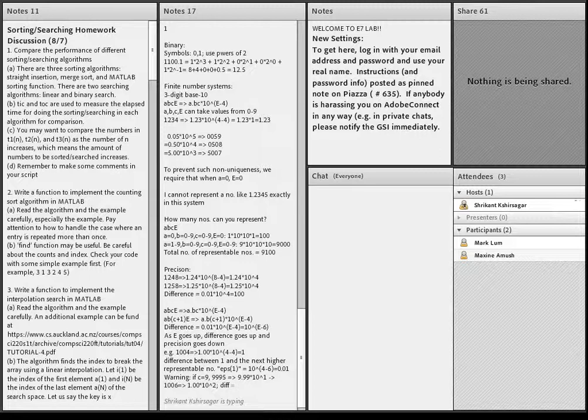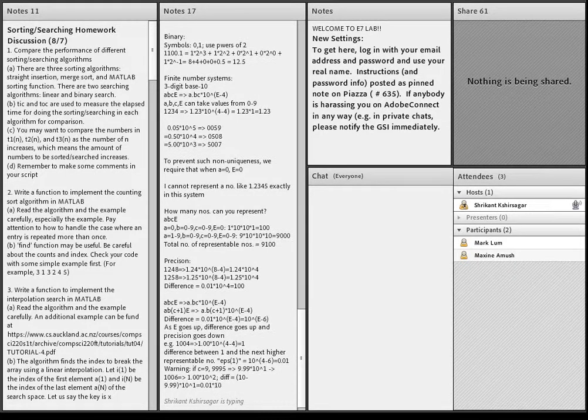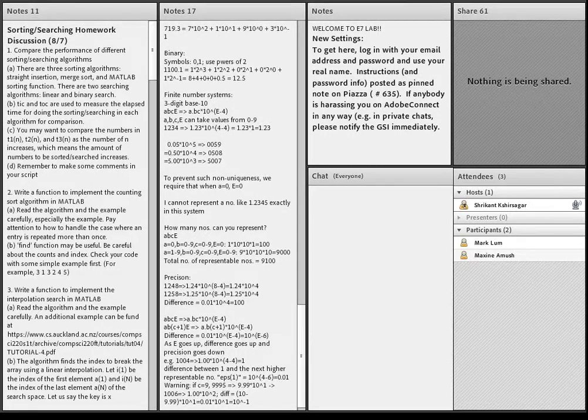So let's see. The difference is 1 minus, or 10 minus 9.99 into 10 raised to 1, which is 0.01 into 10 raised to 1, which is 10 raised to minus 1, which would be the same as what you would have done if you had directly done 10 raised to e minus 6 for 9995.